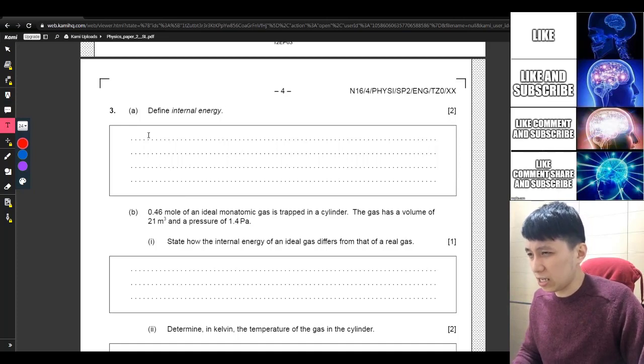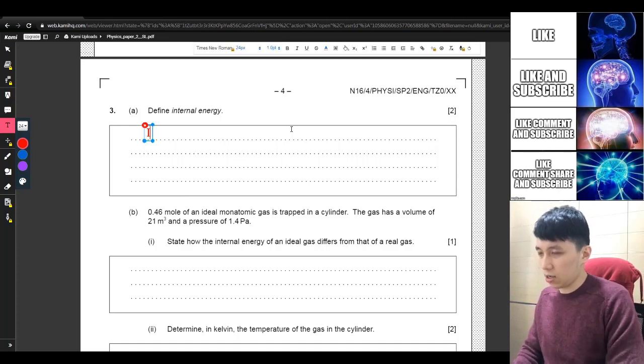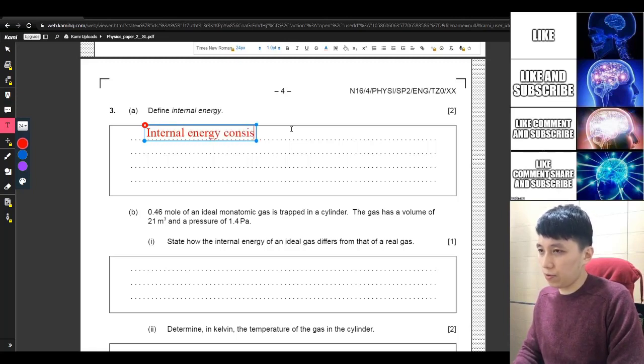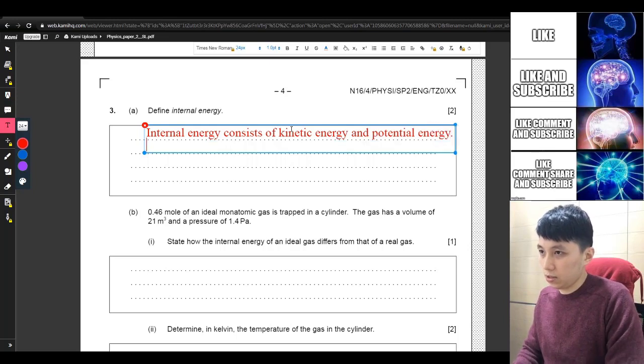So in terms of internal energy, I think I would say, again, I'm not 100% sure, it consists or is composed of kinetic energy and potential energy. Okay, but then there are 2 marks, so I think I might want to explain further. I don't think just writing kinetic and PE will give you 2 marks.